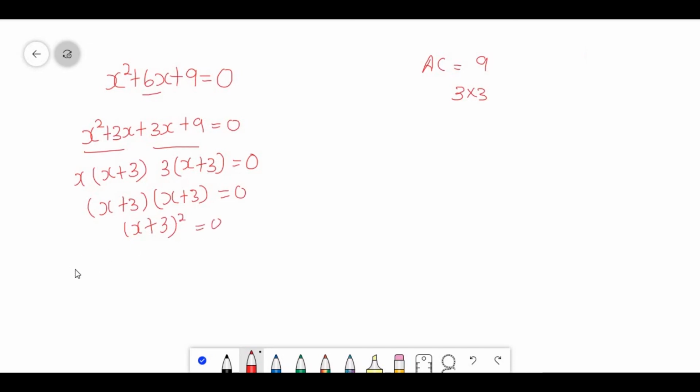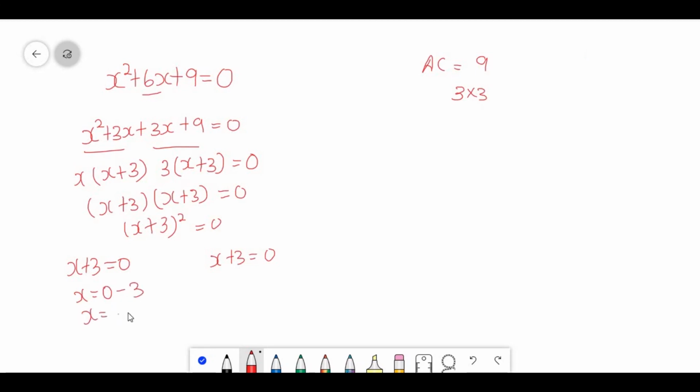Right? So we're going to solve them. X plus 3 equals 0. We don't necessarily have to work both of them out, because we know that when we work x plus 3 is equal to 0, it's going to give us the same answer because we have the same equation to solve. So x plus 3 equals 0. When we transpose the positive 3, it becomes negative. So we have x is equal to 0 subtract 3.